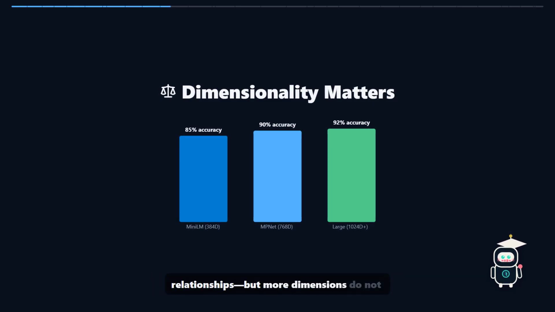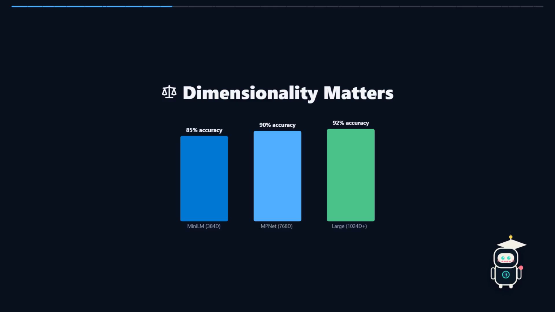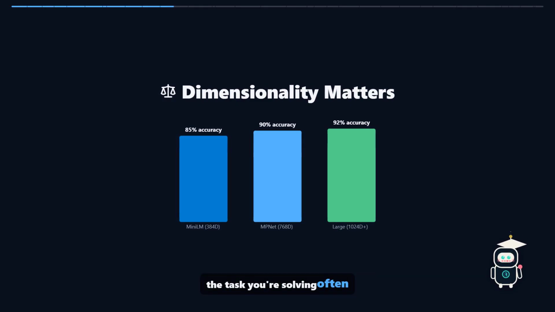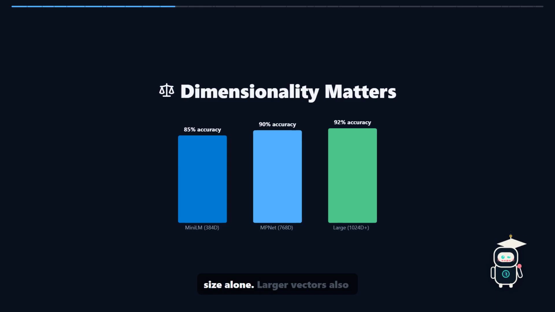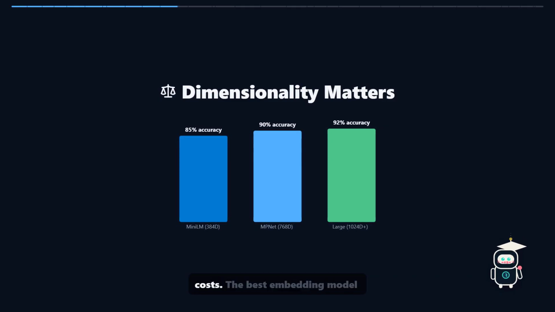But more dimensions do not automatically mean better search results. Model architecture, training data, and the task you're solving often matter far more than vector size alone. Larger vectors also consume more storage and memory and increase indexing and query costs.